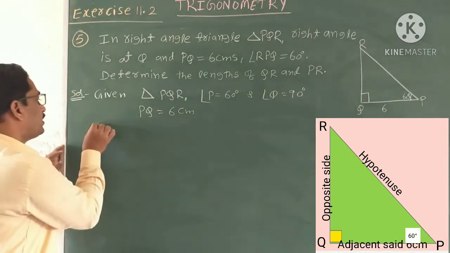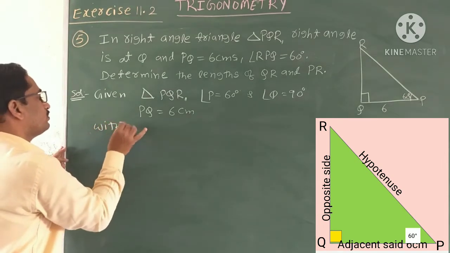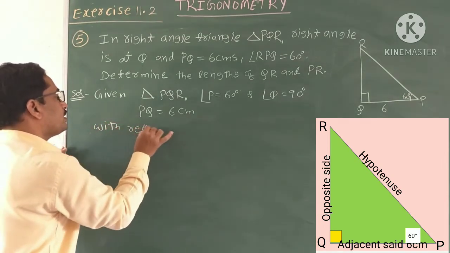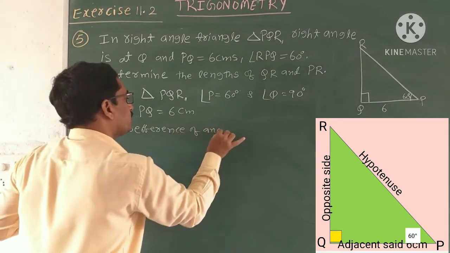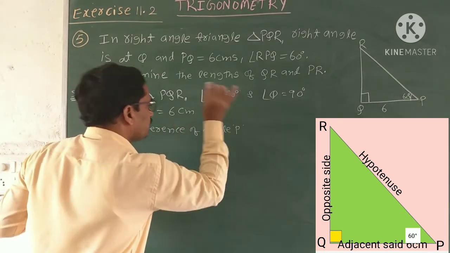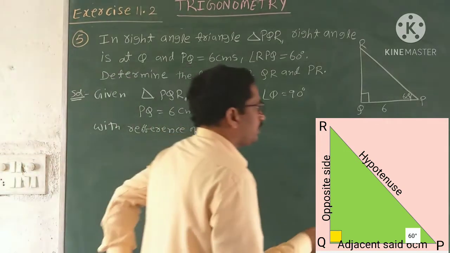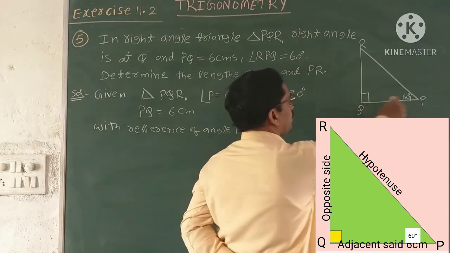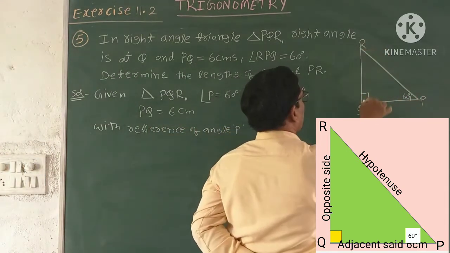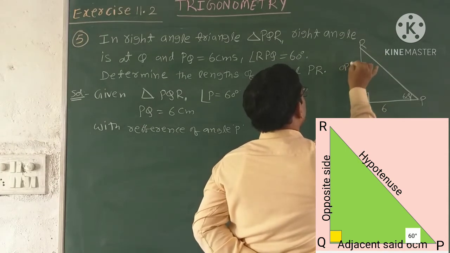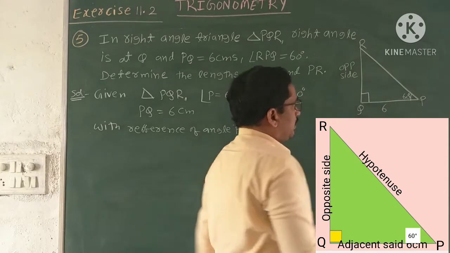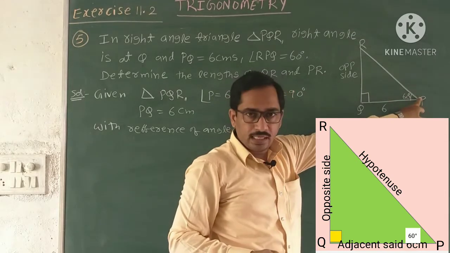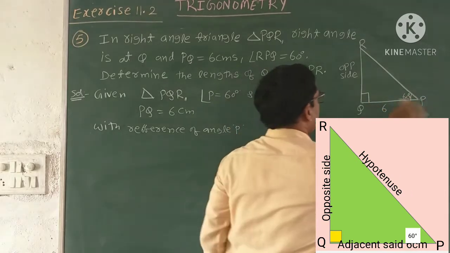So here with the reference of angle P, now define the sides. Here the opposite to angle P, the side QR is opposite side, and the adjacent of the angle 60 degrees means angle at P, adjacent side is PQ.